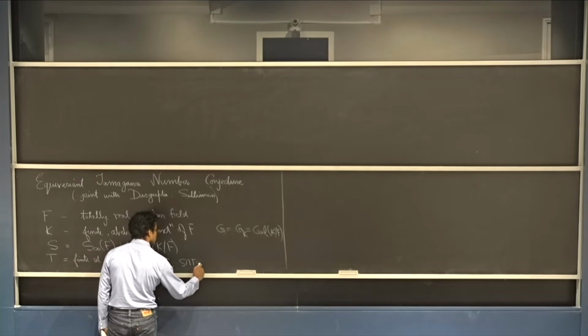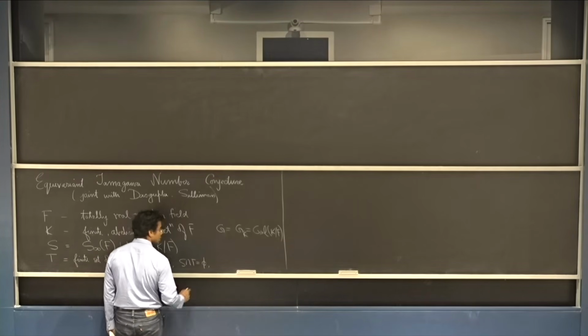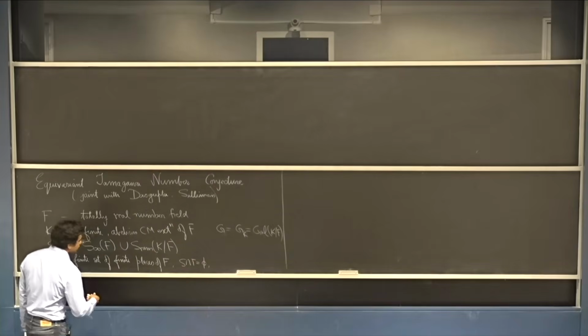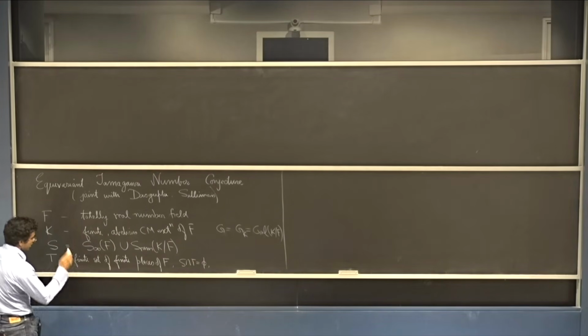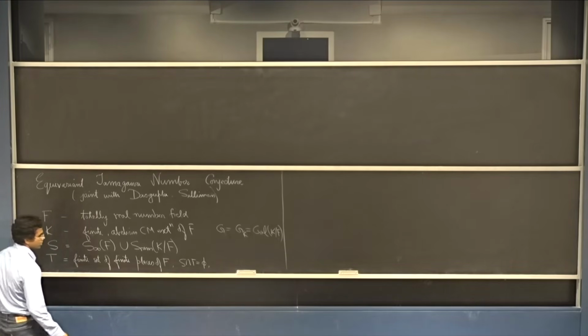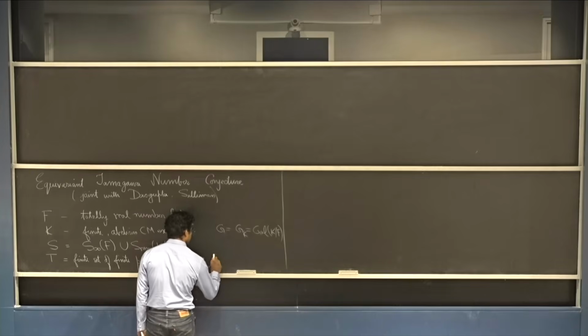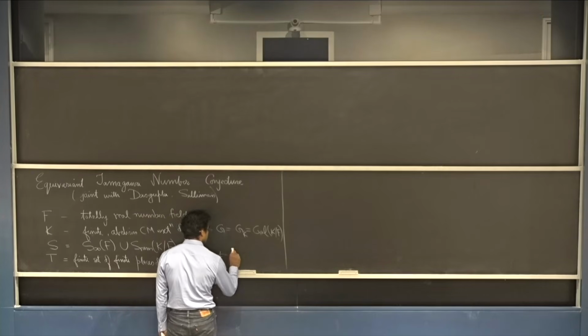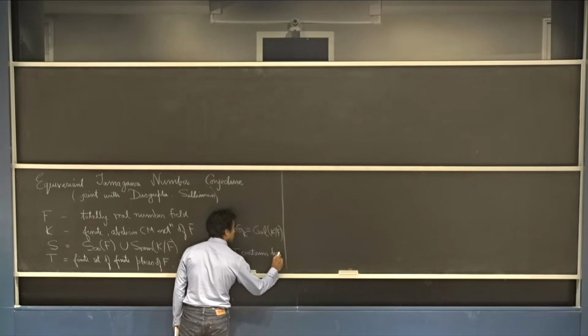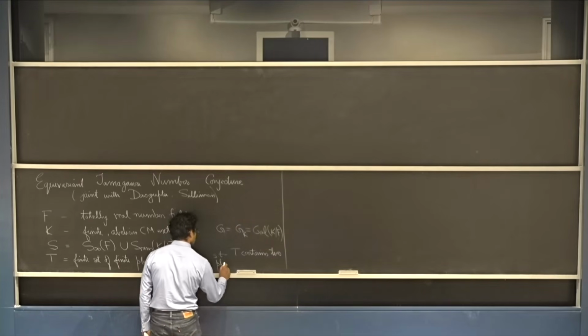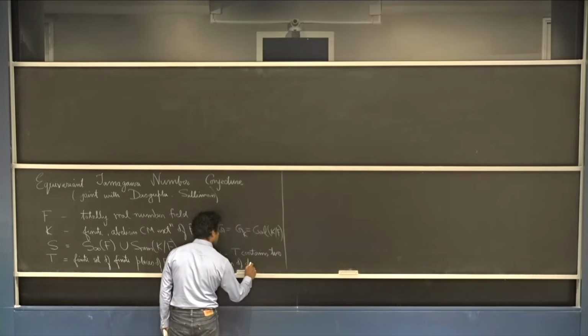So S intersection T is empty, and then there is this Deligne-Ribet condition on T: T contains two places of distinct residue characteristic.